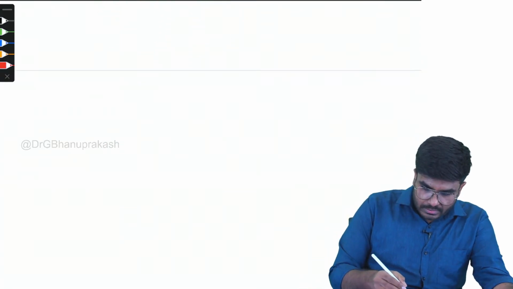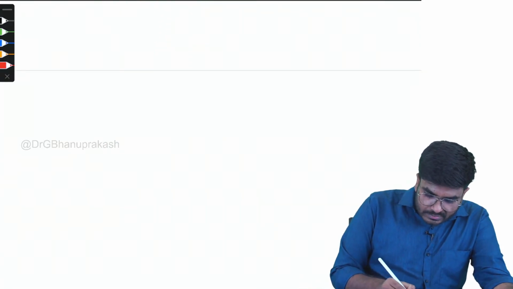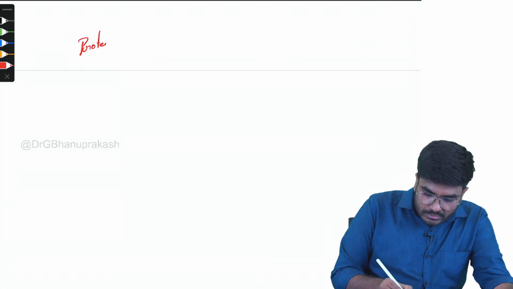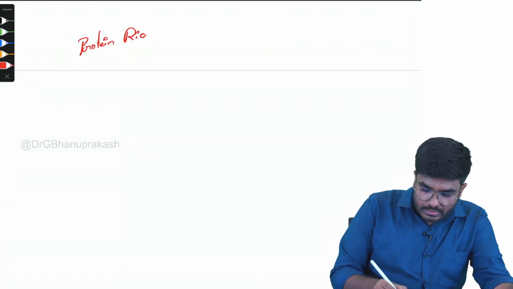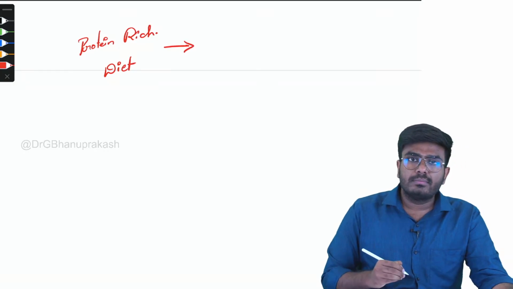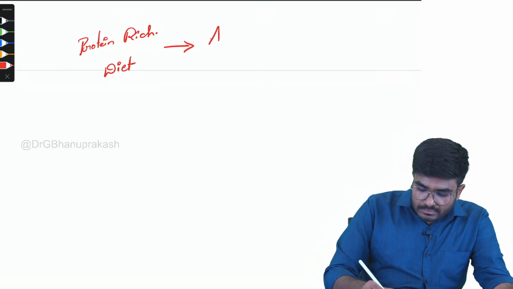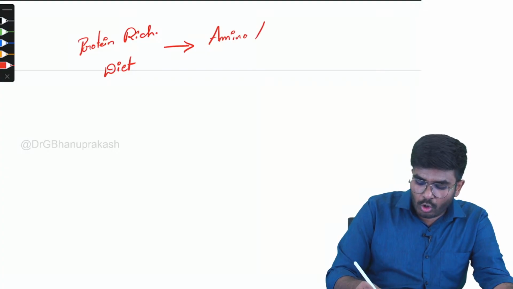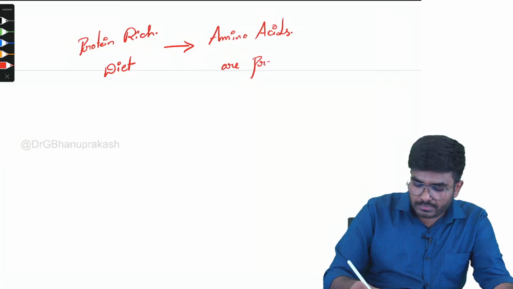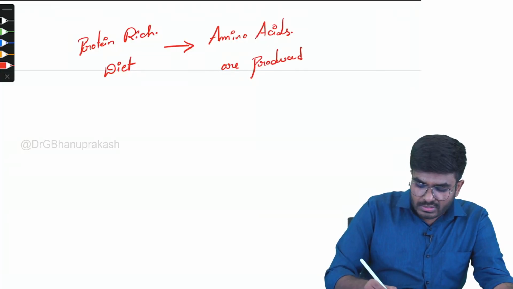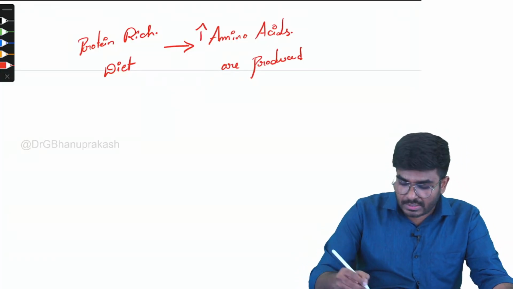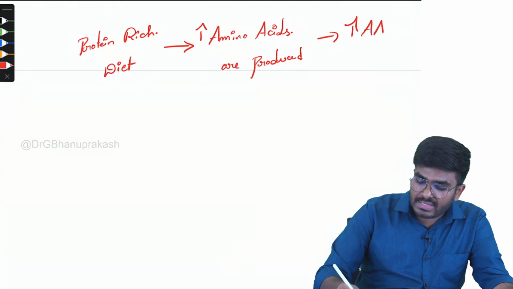Whenever you eat protein rich food, digestion will happen. More protein means more amino acids are produced. If more amino acids are produced, more amino acids are filtered.